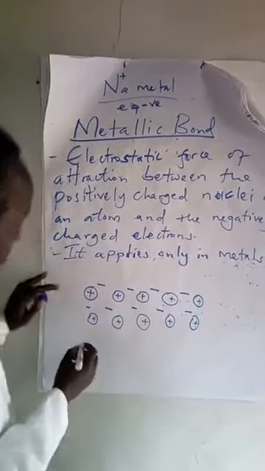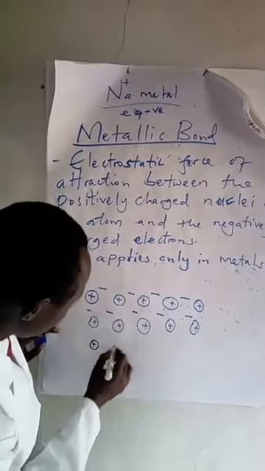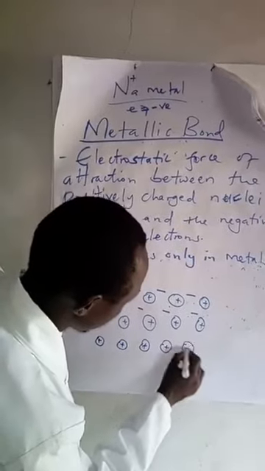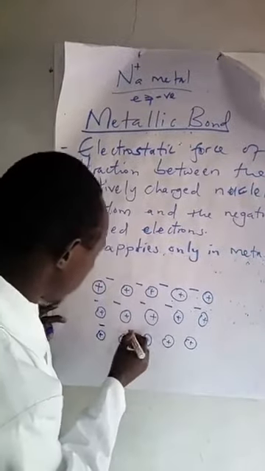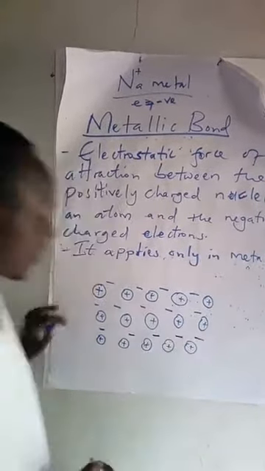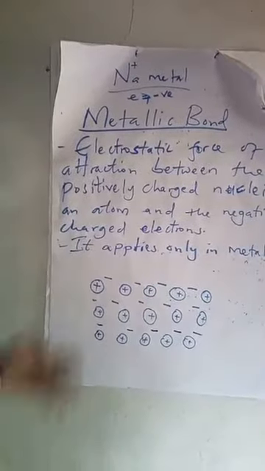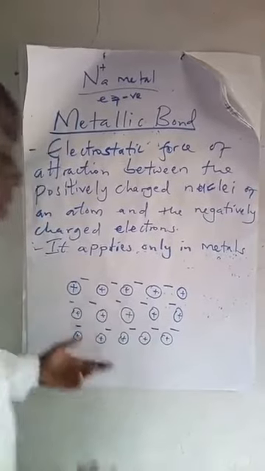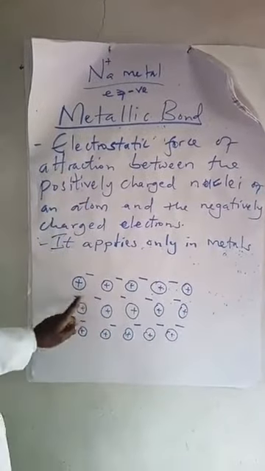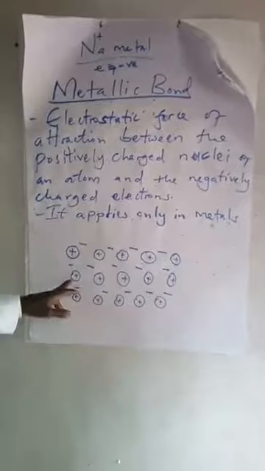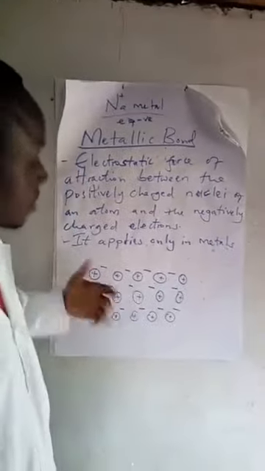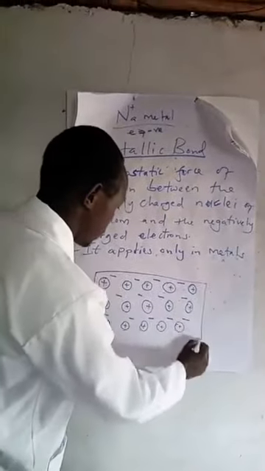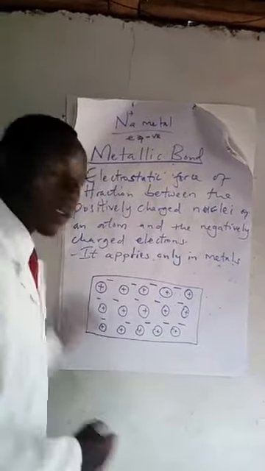If we continue, we'll have other positive charges here, of course together with the electrons. These electrons are delocalized. Delocalized means they move around the structure.